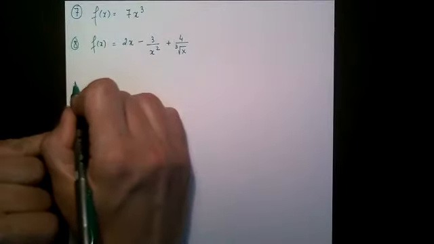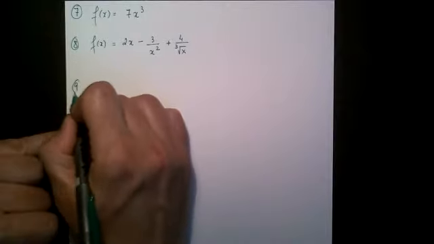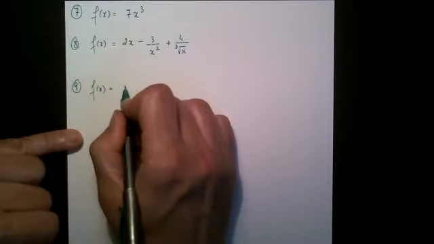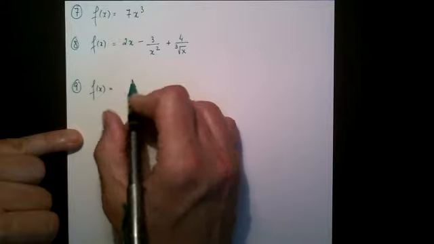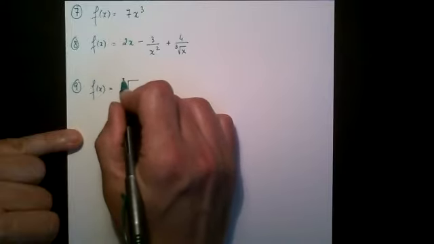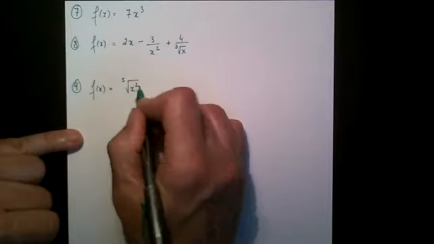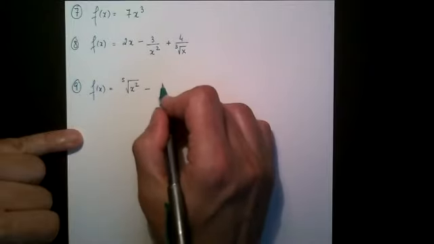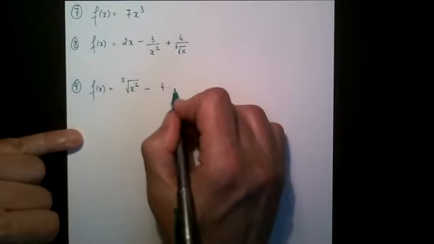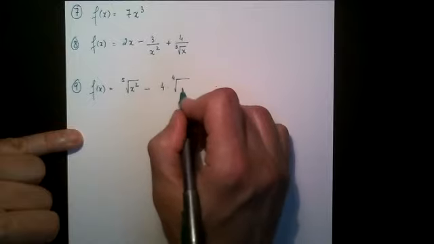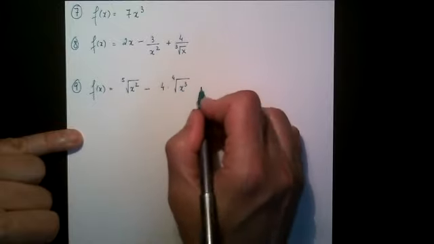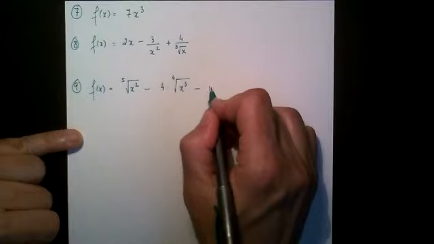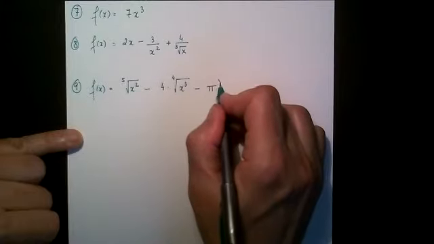Okay, 9. f of x equals the 5th root of x squared minus 4 times the 4th root of x cubed minus pi to the power of 8.